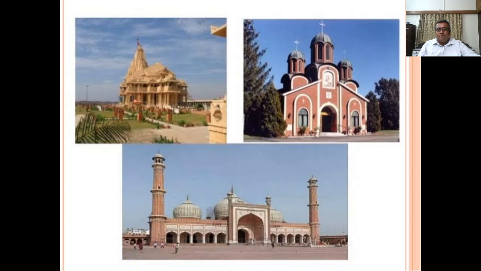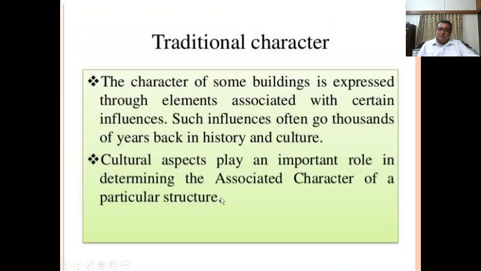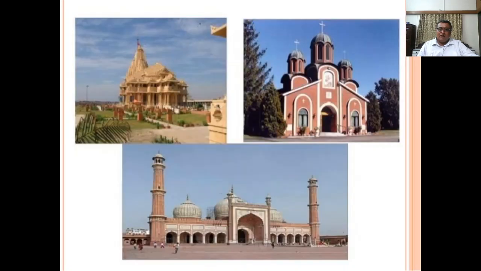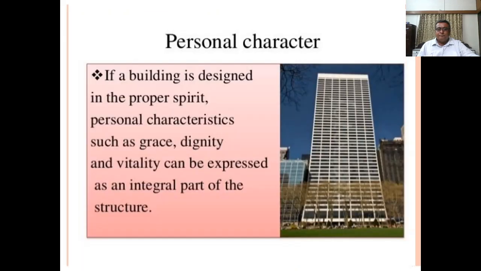Here we can see a temple belonging to the Hindu religion. Here you can see a church belonging to the Christian religion. Here is a mosque, belonging to the Muslim religion. So this follows a cultural tradition, or the traditional character of the building.